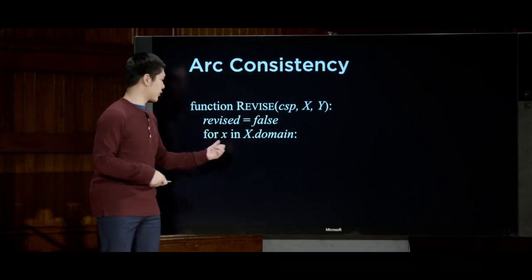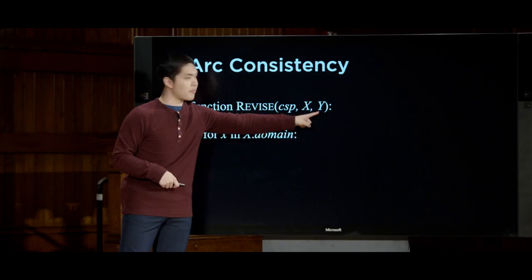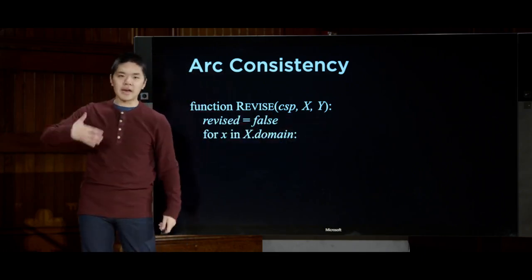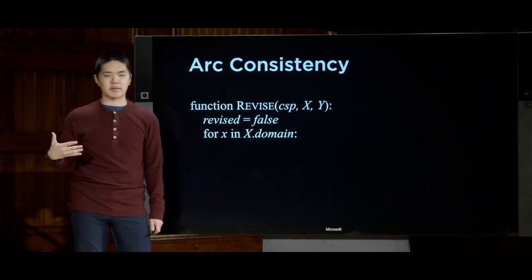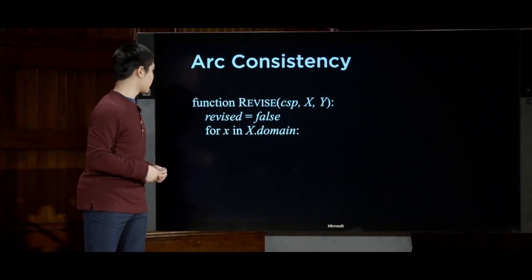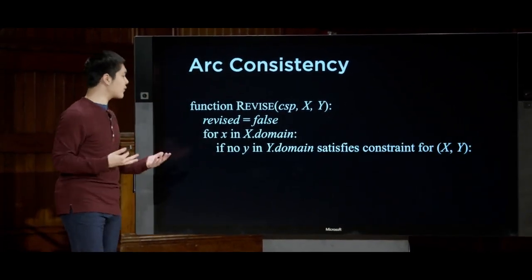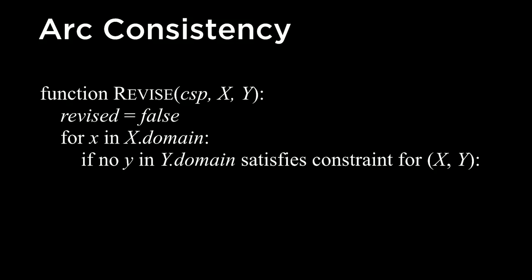I want to make sure that for each of those choices, I have some available choice in Y that satisfies the binary constraints that are defined inside of my constraint satisfaction problem. So if ever it's the case that there is no value y in Y's domain that satisfies the constraint for X and Y, that means that this value x shouldn't be in X's domain.